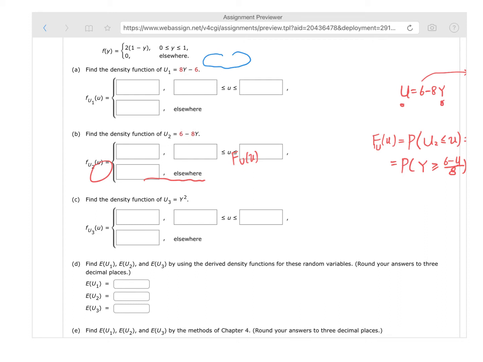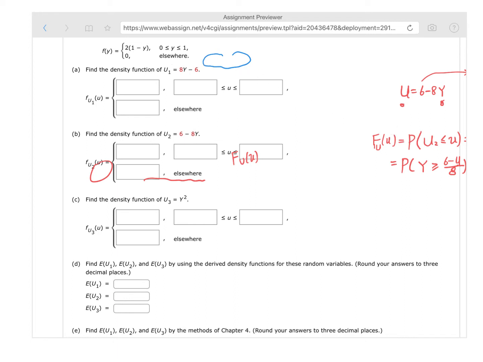It really doesn't matter whether it's an equal sign or not because it's a continuous density function, right? So this is my CDF, cumulative distribution function, for u, and it can be found using this. And this is just a probability involving y.